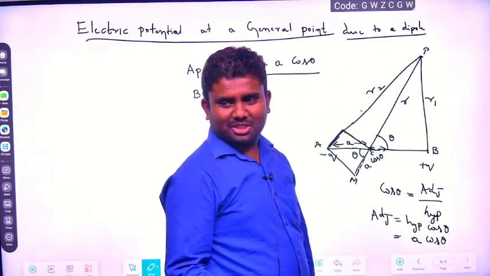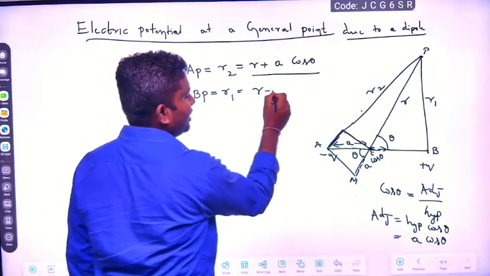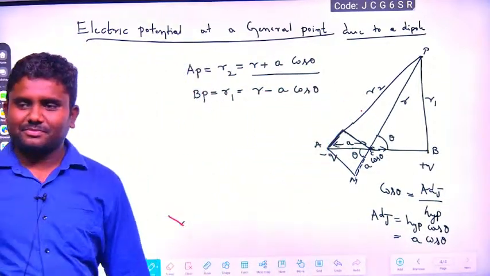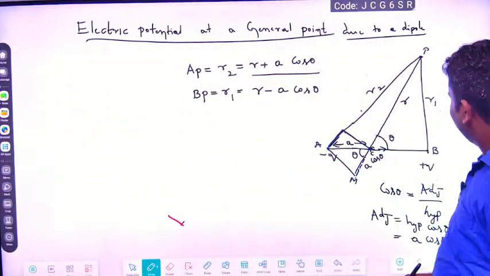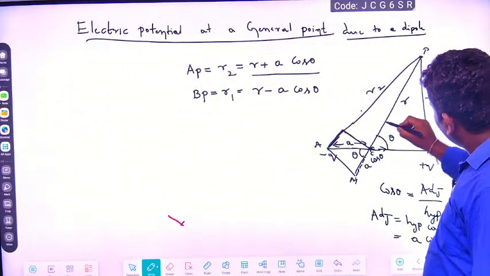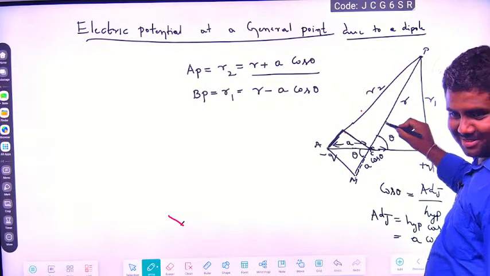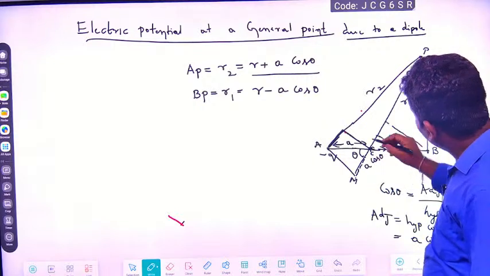How much is it diminished? This is R minus A cos theta. You understood why R minus A cos theta? See, this foot you draw, it will come only up to here, and this distance is the same as A cos theta. You write here it as N.